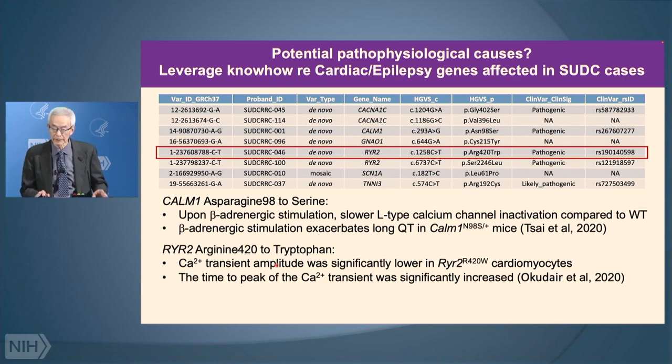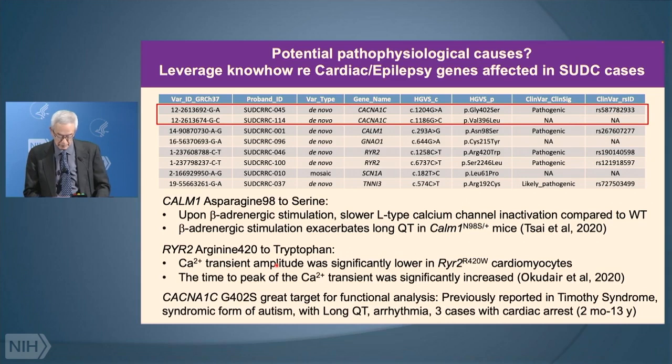I'm not sure what that means, but there's a definite phenotype on calcium release in cells. And finally, one of the other mutations that we found in our data set had been previously reported in a syndromic form of autism called Timothy syndrome, which is characterized by long heartbeats and a tendency to arrhythmias.